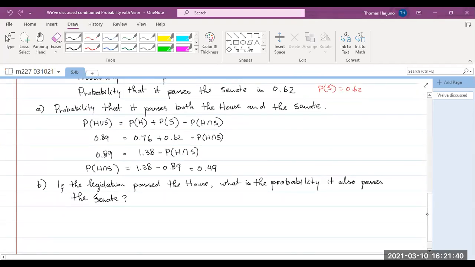Now, what you need at this point is your ability to connect the question with the notation that we learned. What is being inquired here is the probability that it passed the Senate, knowing it passes the House. Given that the legislation already passes the House of Representatives, what is the probability it passes the Senate also?